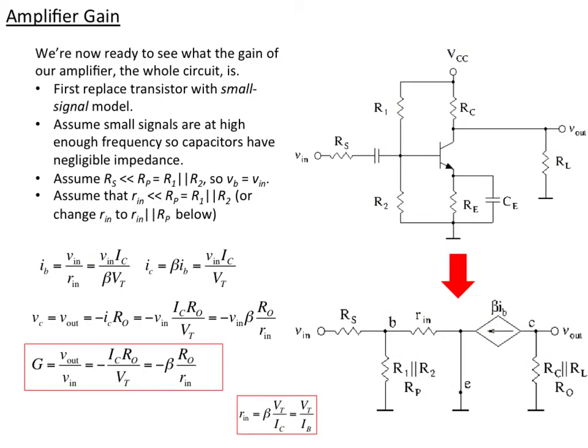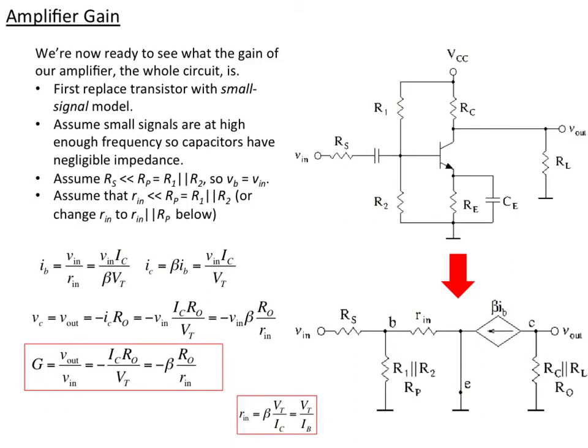So now what's the output voltage? Well, if that current is coming up, it has to come from ground through RC, RL, so that gives us a minus sign: minus IC times RO, this resistor. And plugging in from IC, we get this, or we could use this value. So now I want to find V out over Vn.